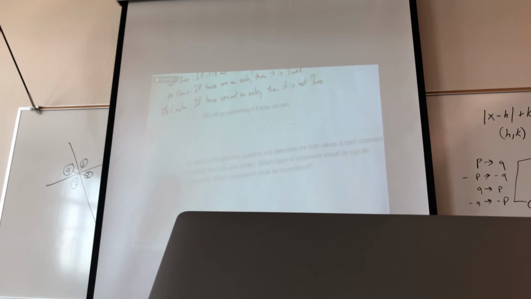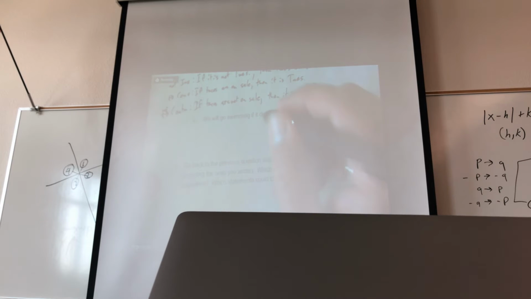Now, this last one, I put an example like this on the review for a specific reason. This one says, we will go swimming if it does not rain. The hypothesis is in the second half of the sentence. It does not rain is my hypothesis because it goes with the if statement. Okay? Regardless of the order that it's spoken, because this is still a proper sentence, the one that goes with the if is the hypothesis.